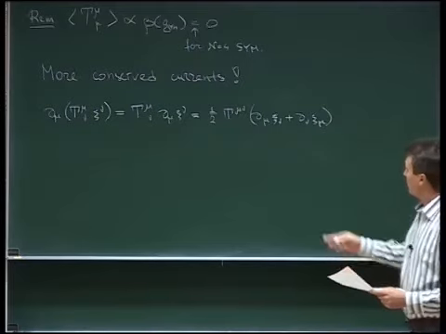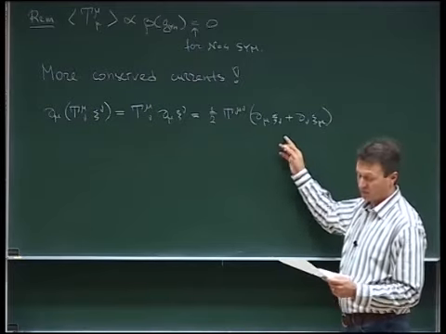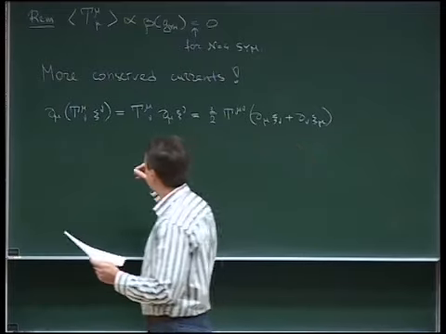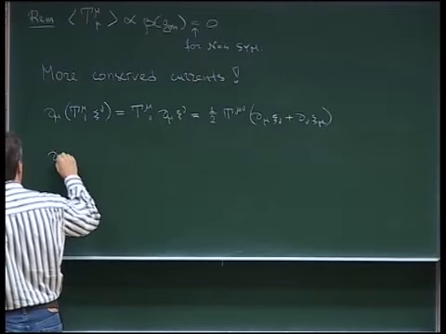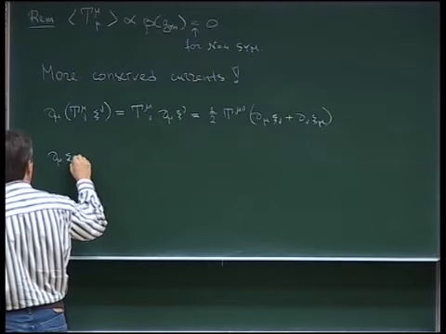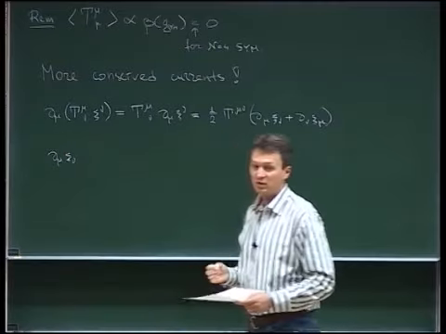which means that this current will be conserved if psi nu is a so-called conformal Killing vector.